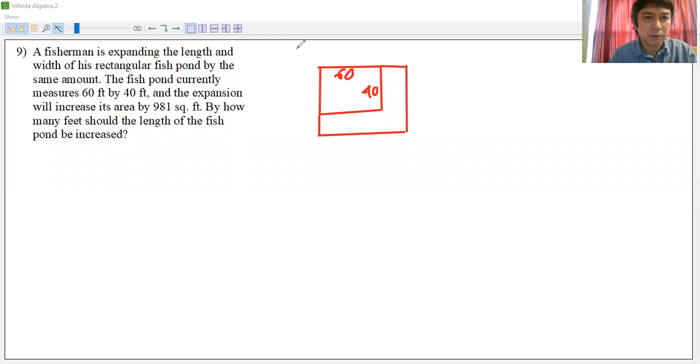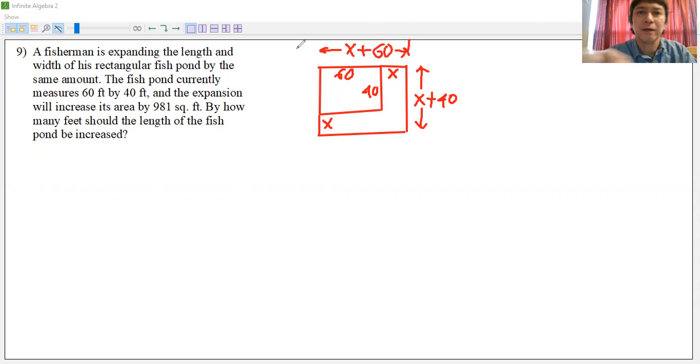You increase the length and the width, expanding the length and the width of his rectangular fish pond by the same amount. That means if you elongate the length here by x, you will also elongate the 40 by x, such that this side is 40 plus x. Also, the length will be x plus 60.